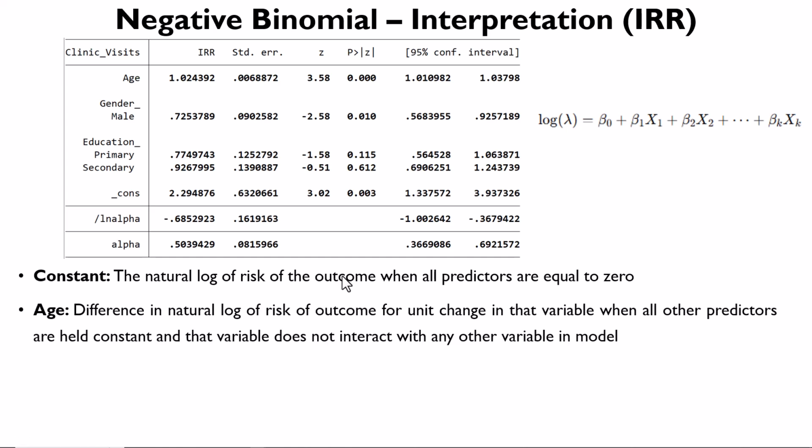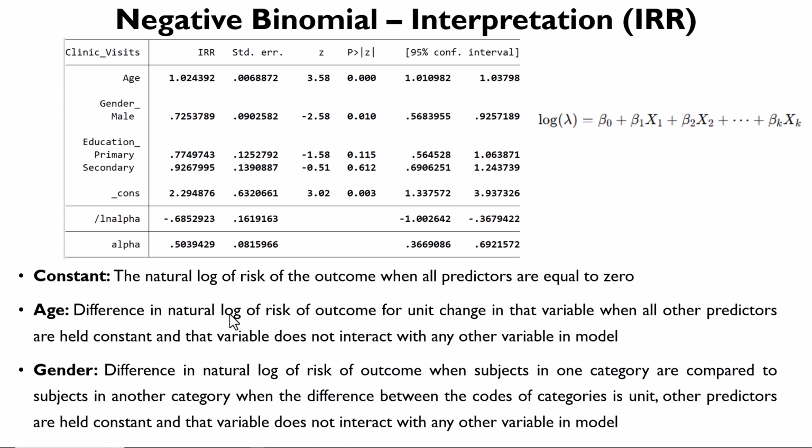For age, that is the difference in the natural log of risk of outcome for a unit change in that variable when all other predictors are held constant, and that variable does not interact with any other variable in the model. Just like we've seen, it is just this part of a difference in natural log of risk instead of natural log of expected value of outcome.